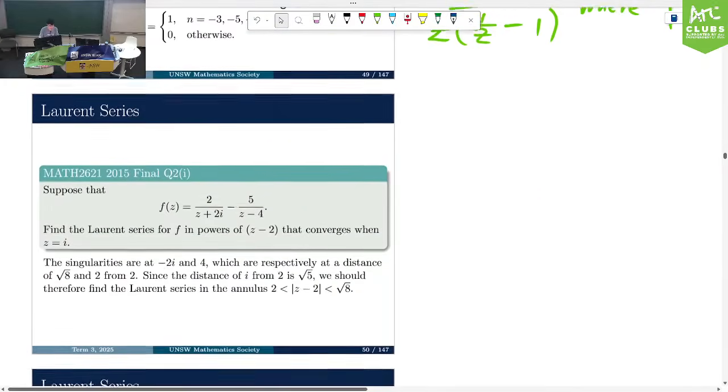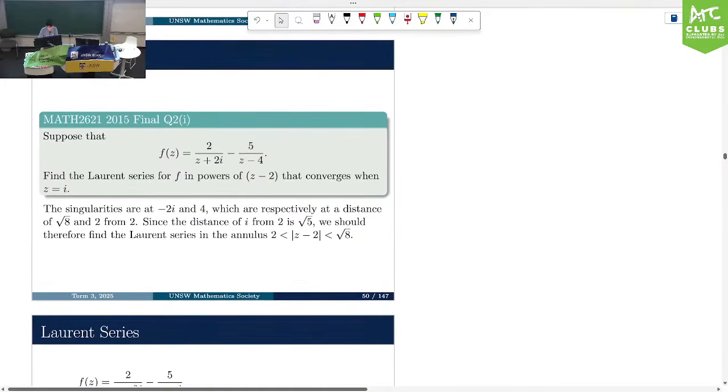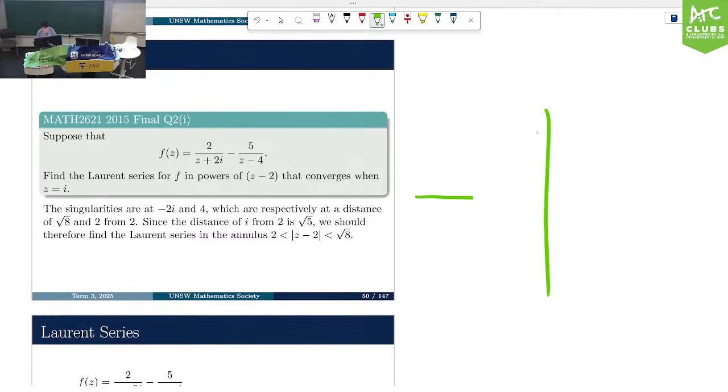Let's see another example over here. f of z equals 2 on z plus 2i minus 5 on z minus 4. Again, let's quickly draw where its singularities are. The singularities are minus 2i, which is over here, and 4, which is over here. And the center is 2, over here.